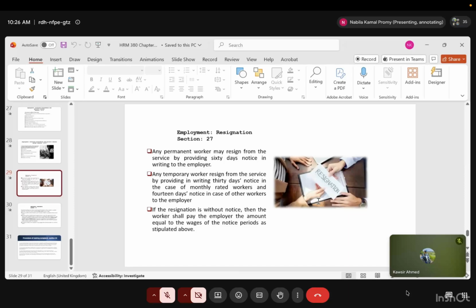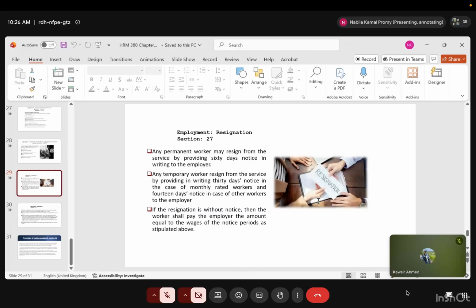If you want to leave your company, you have to give your employer a notice of 2 months or 60 days. Let's say you want to leave the company in September. So you have to provide the notice to your employer in July.